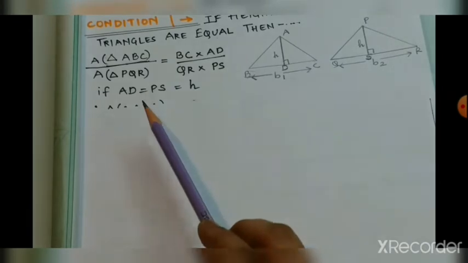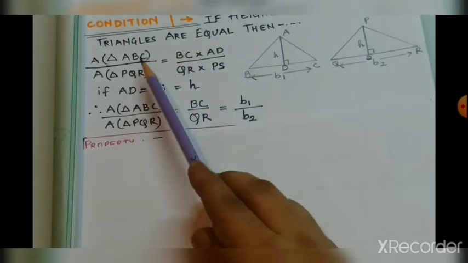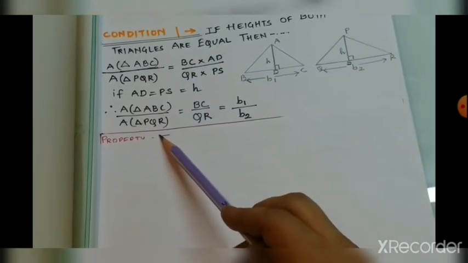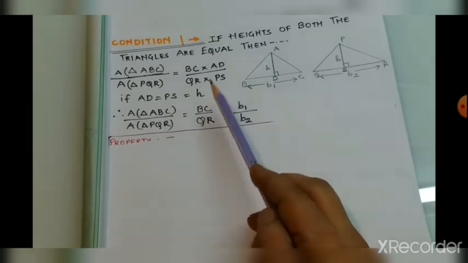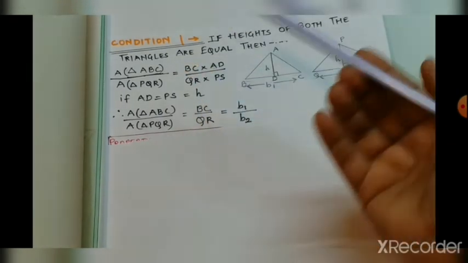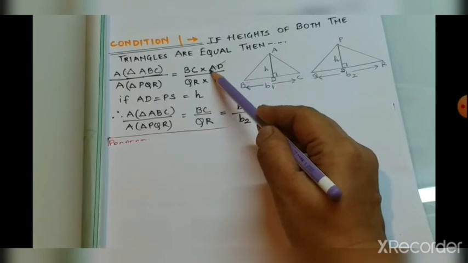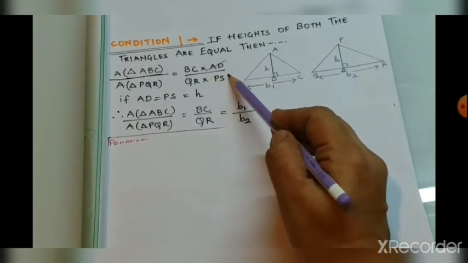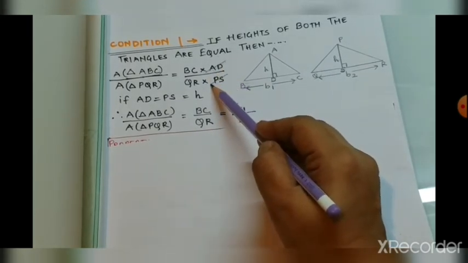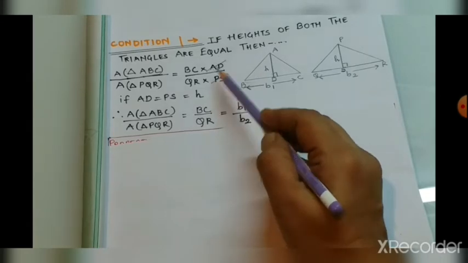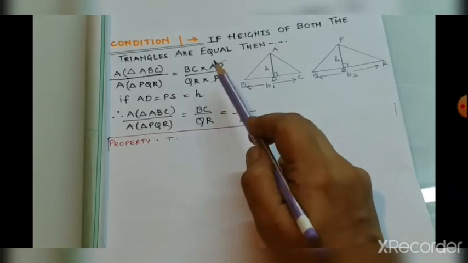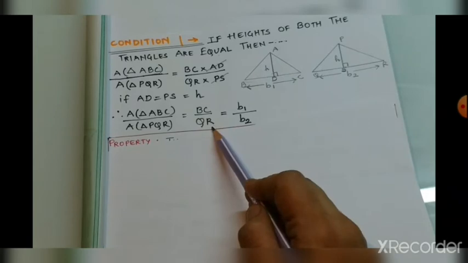Finally what we get, that is area of triangle ABC upon area of triangle PQR is equal to BC upon QR. Since the heights are same, AD is the height of the first triangle and PS is the height of second triangle, that can be cancelled. And what we get is BC upon QR.